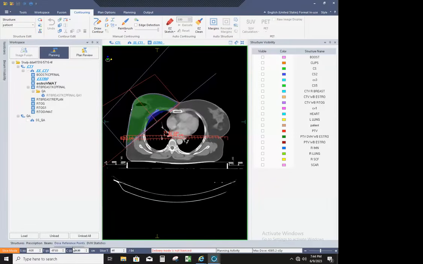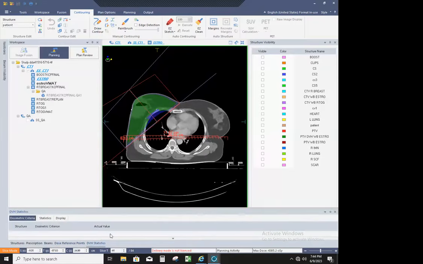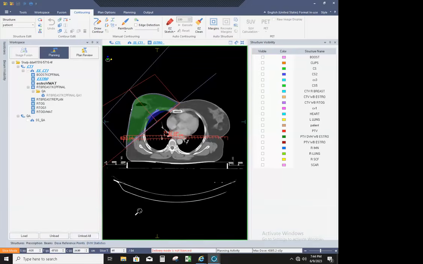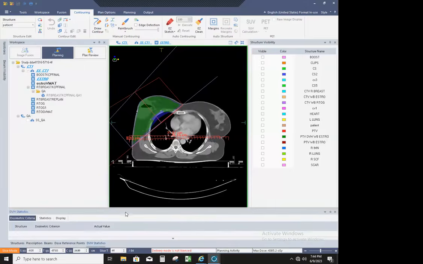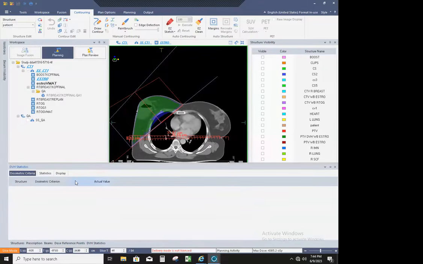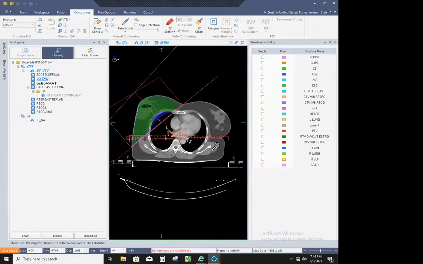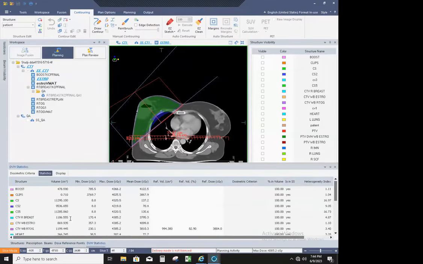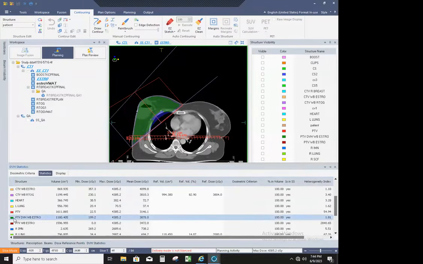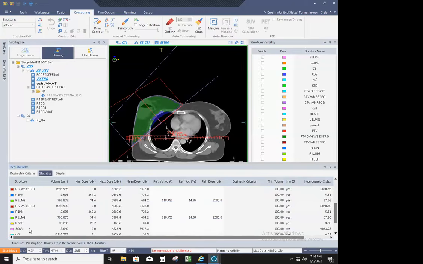So for 2D planning, if you see the DVH statistics, there are two things, PTV DVH ISTRO and PTV DVH whole body ISTRO guideline.